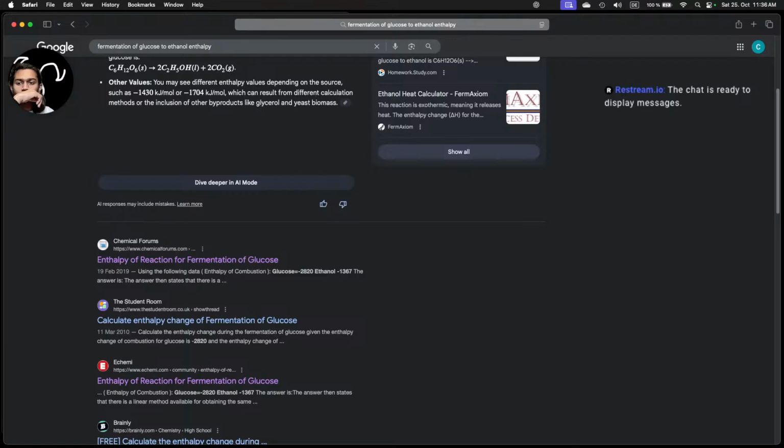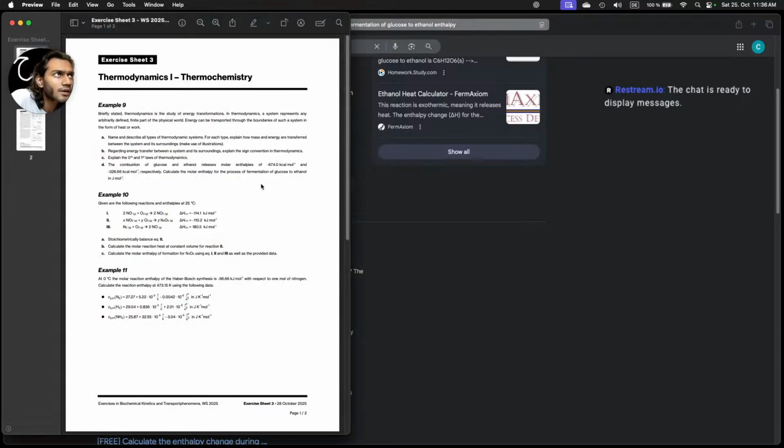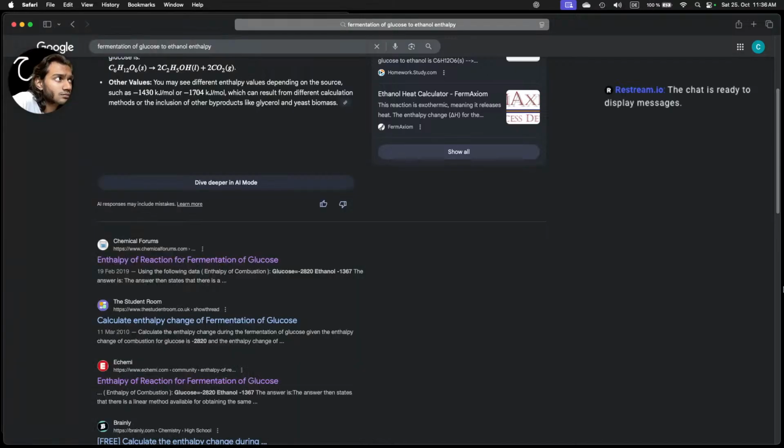Let me see the question again. The combustion of ethanol and glucose release molar enthalpy of 674 and 326 respectively. Calculate the molar enthalpy for the process of fermentation in joule per mole.